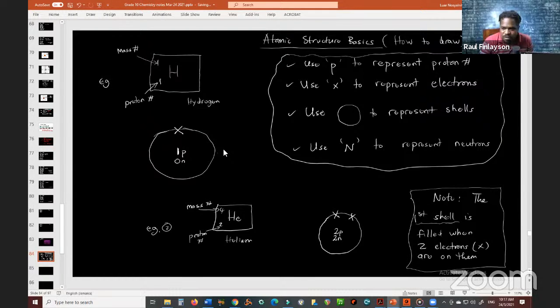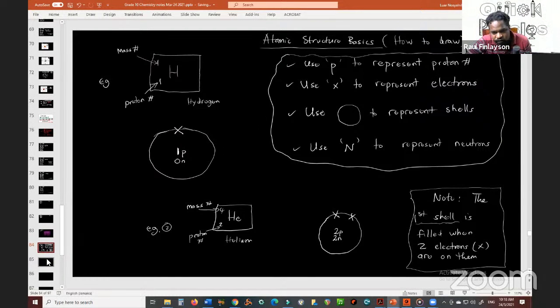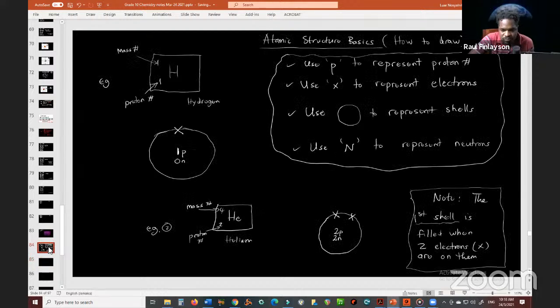Between 2 and 8 years old, you can use a small bed that keeps you at night. Until you reach 8 and start going to 9, you start to grow and you probably want a bigger bed. It's the same thing with these electrons and the shells. Any questions here, guys?